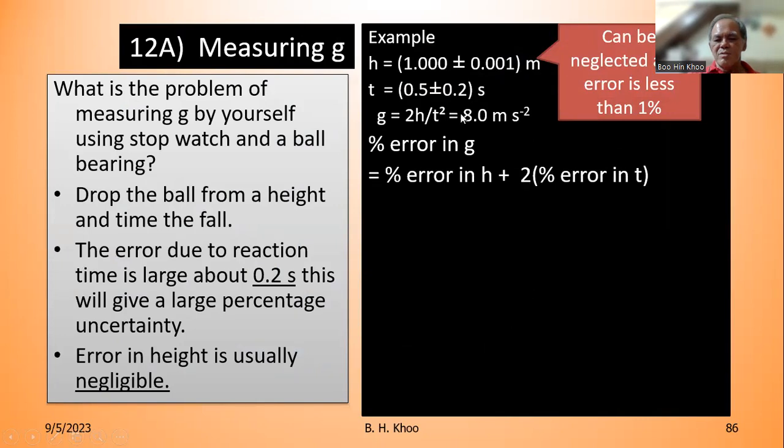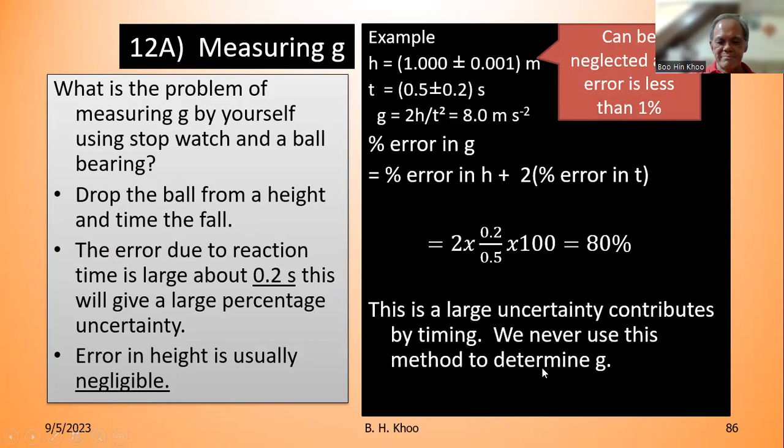The height term is negligible, less than 1%, so no point. So this is 0.2 over 0.5, you can see it's very large. This uncertainty is very large, 80%. So we never use this method to determine the value of g.